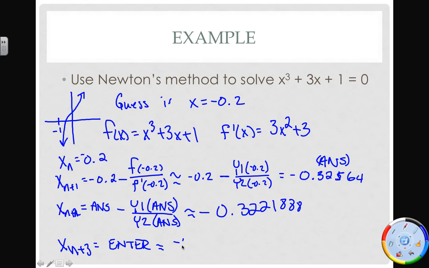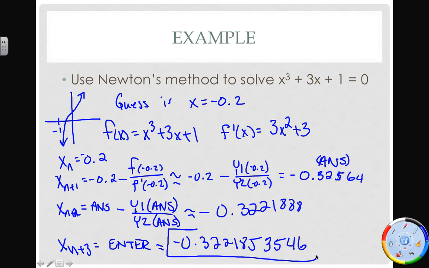And in this case, I get -0.322185. And if you just keep hitting enter a whole bunch of times, you'll notice that it keeps coming out to this particular number, -0.3221853546. And if you go into your calculator and you calculate the zero of your function on your graph, I bet you that's the number you come up with.